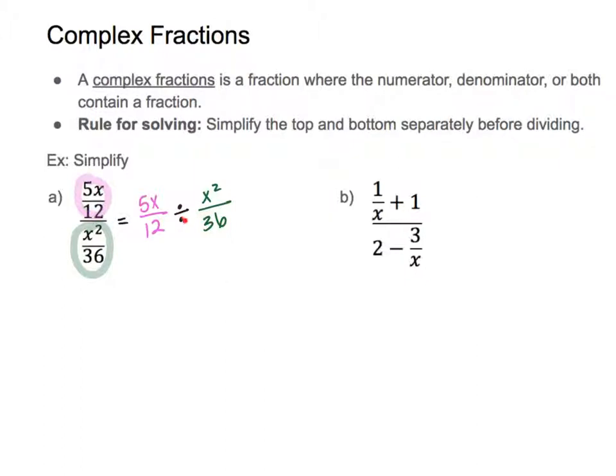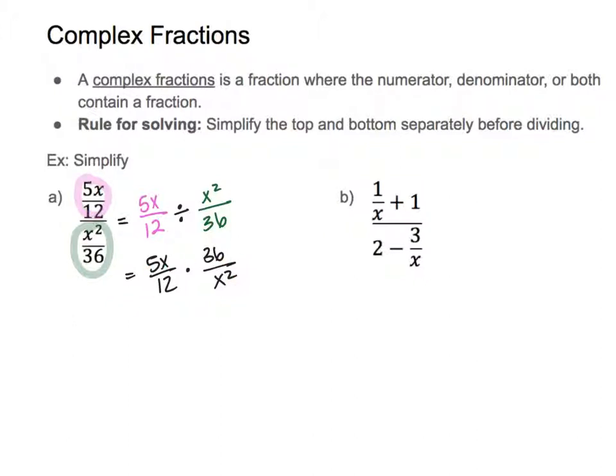So if this is a division, then that means we have to flip this fraction here. Let's go ahead and do that. So I have 5x over 12 times, remember we switched that division sign into a multiplication, 36 over x squared, because I'm going to flip that fraction. From here, I would have to multiply straight across.